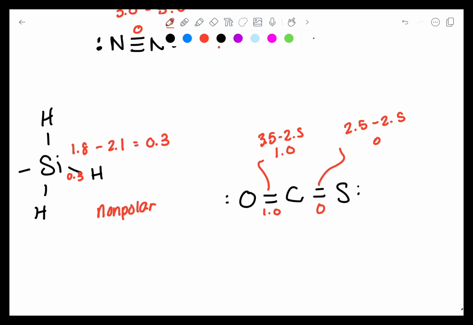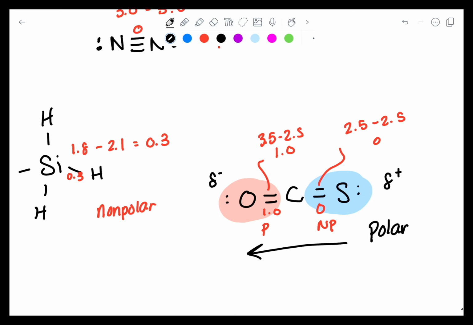So we have a polar bond and a nonpolar bond. So our electrons are being pulled towards this oxygen and being pulled away from that sulfur. So we create a partial negative and a partial positive area. So this is a polar molecule. And our more electronegative atom is oxygen.